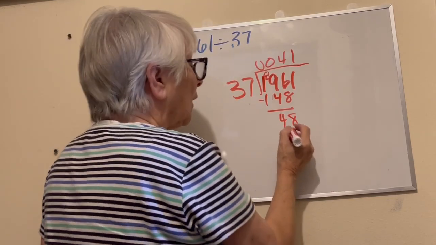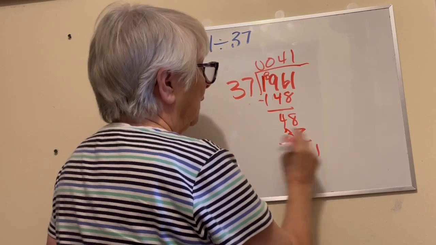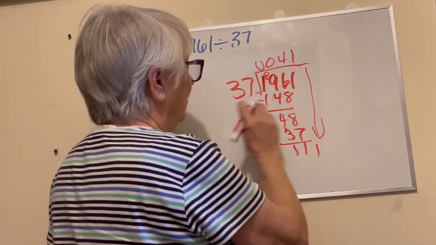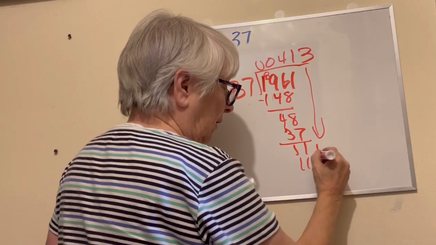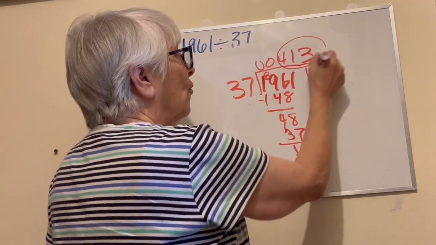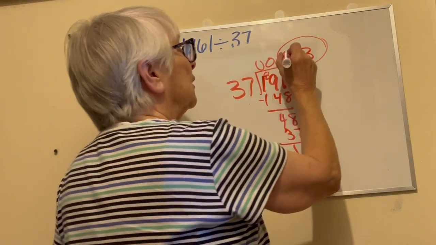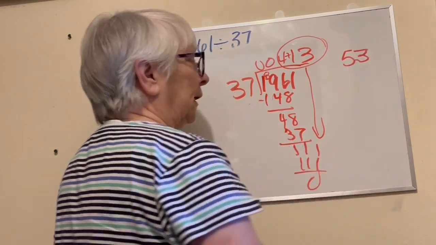And 37, and then I subtract, and I get the 11, and I bring down the 1, and I multiply by 3, and I get 111. But look, I've got 413. And the answer is really 4 plus 1, 53.